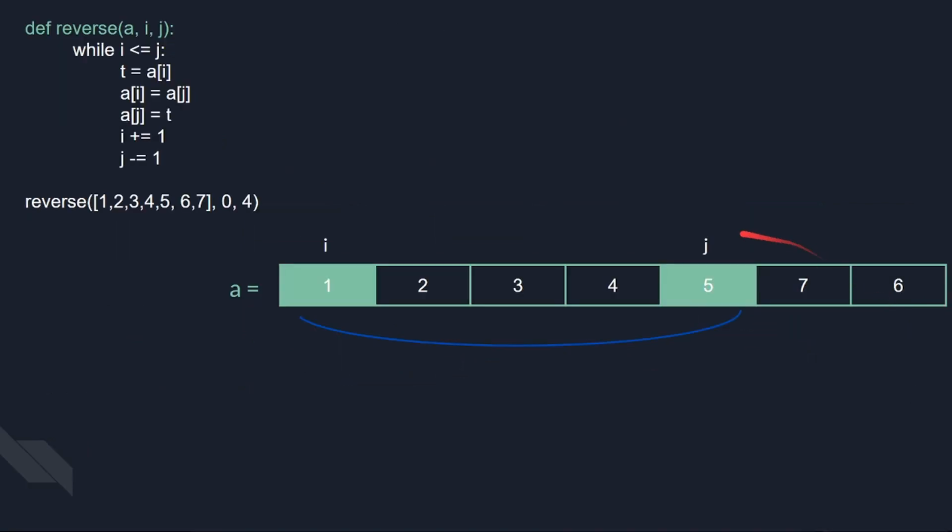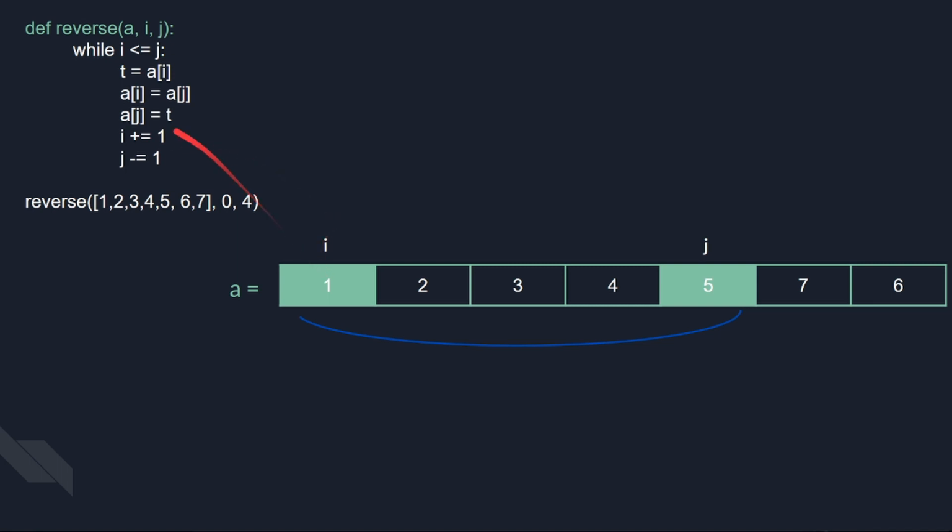So now we have a function called reverse. The function reverse takes in 3 variables. There's a variable a, which is the array. There's a variable i, which would be the starting point of the array, and there's a variable j, which would be the ending point of what you want to reverse.